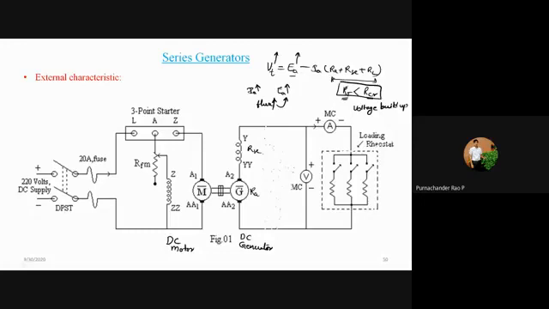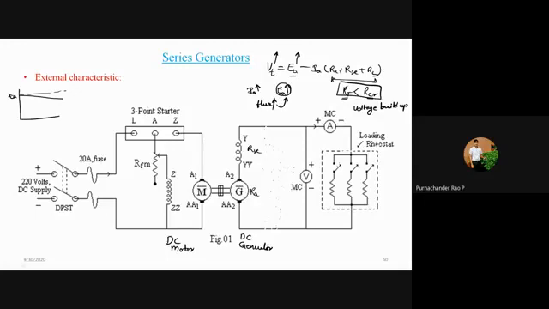In the previous case, the no load voltage was kept constant and your terminal voltage was going on decreasing. But this is not the case with our series generators, because your no load flux is less, so the no load voltage is very less.